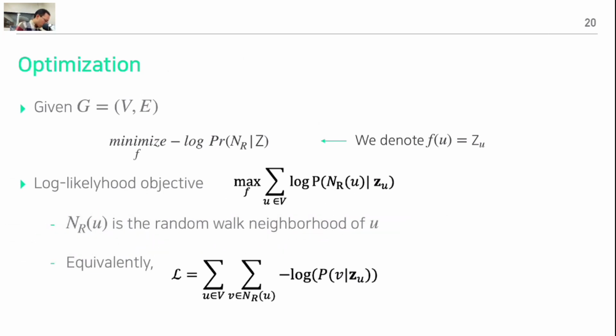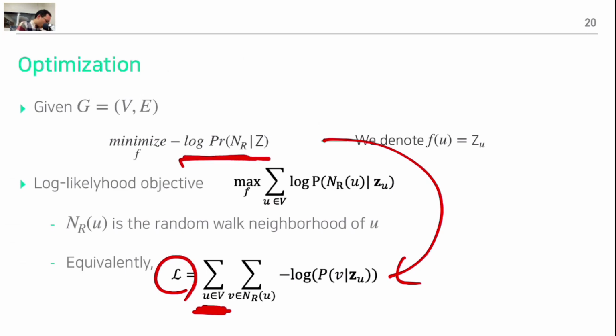Equivalently, when we consider all u to define the loss function, in this case this represents the whole representation, but now we sum the negative log likelihood over all the possible nodes u, and this also needs to be summed over all the possible random walks, right?